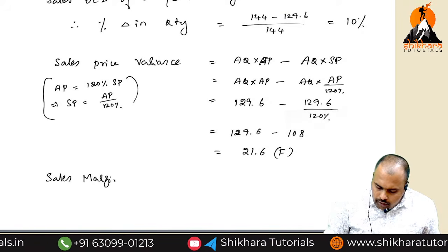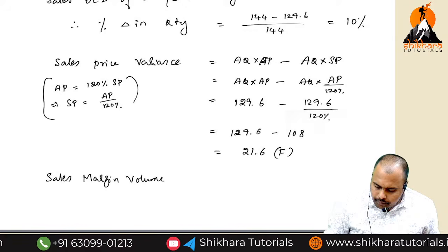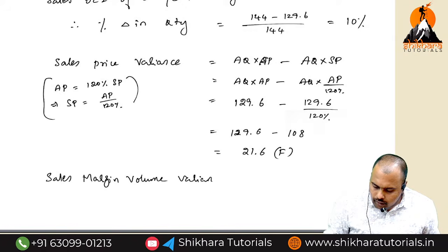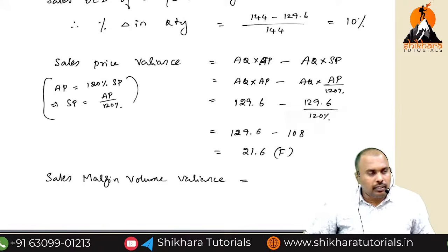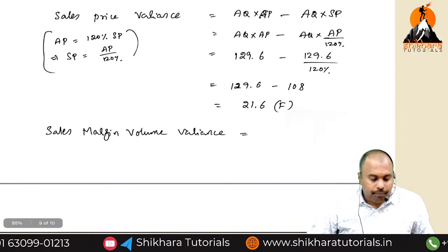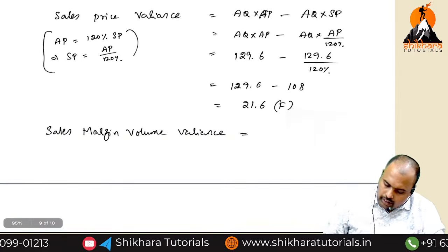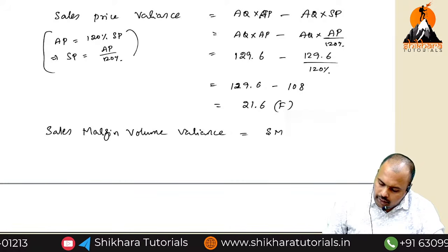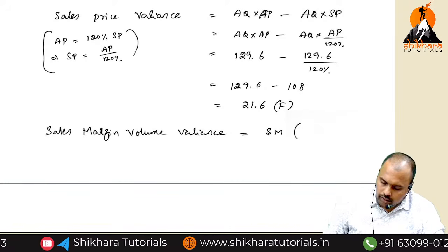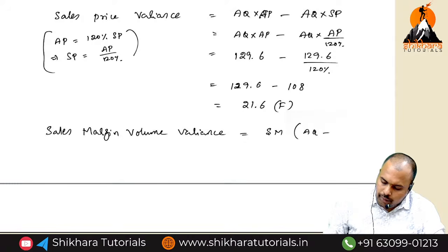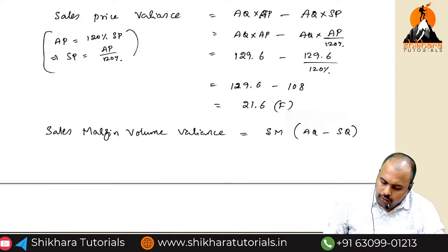Next, sales margin volume variance. What is the formula for sales margin volume variance? Standard margin into actual quantity minus standard quantity.